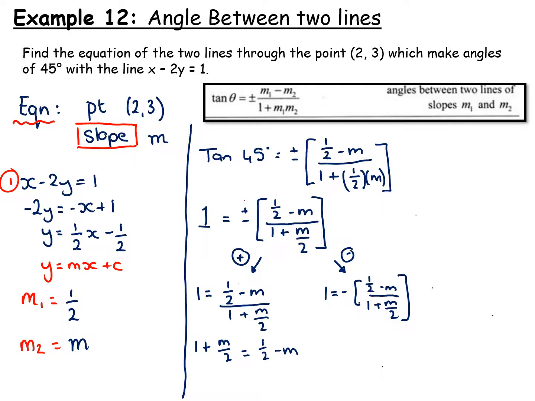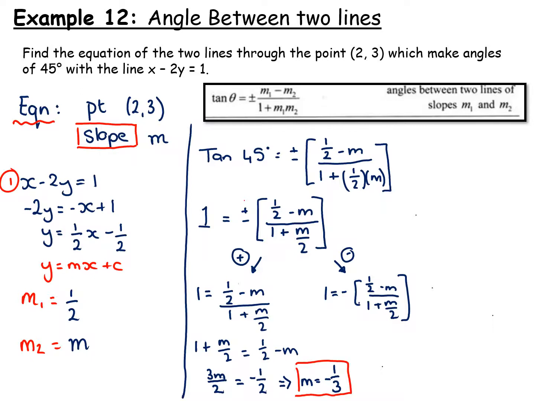And then we rearrange letters on the left, so m over 2, and we add m, so we get 3m over 2 is equal to a half minus 1, which is minus a half, and just finishing this, m will equal minus a third, and that's our first m.